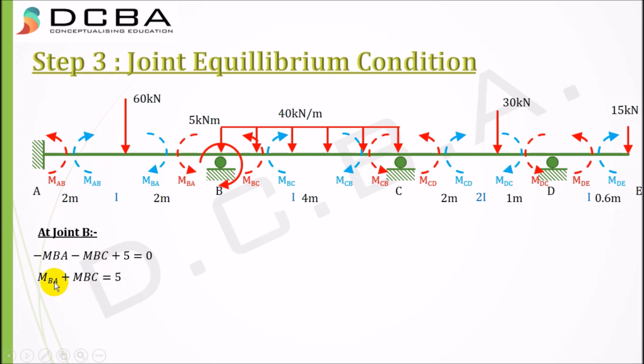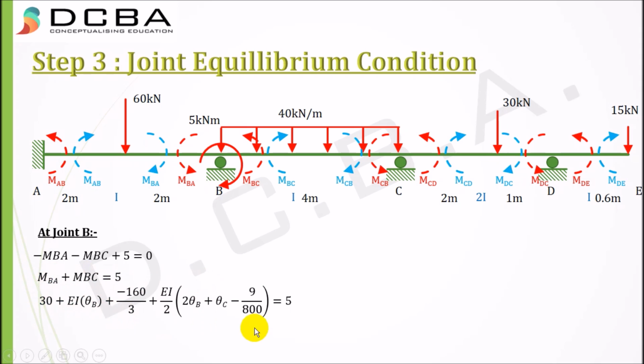I just simplified it here: MBA plus MBC equal to 5, and now I'll substitute the equations for MBA and MBC from the slope deflection equations. We get 30 plus EI theta B plus minus 160 by 3 plus EI by 2 into 2 theta B plus theta C minus 9 by 800 equal to 5. I've just substituted MBC and MBA, that's it.